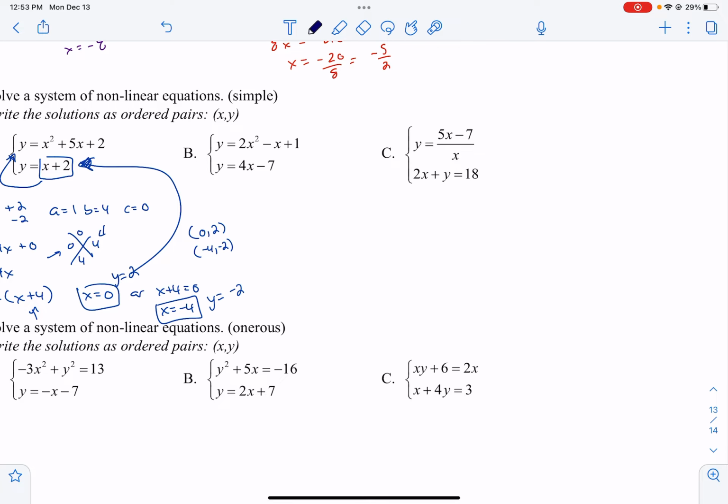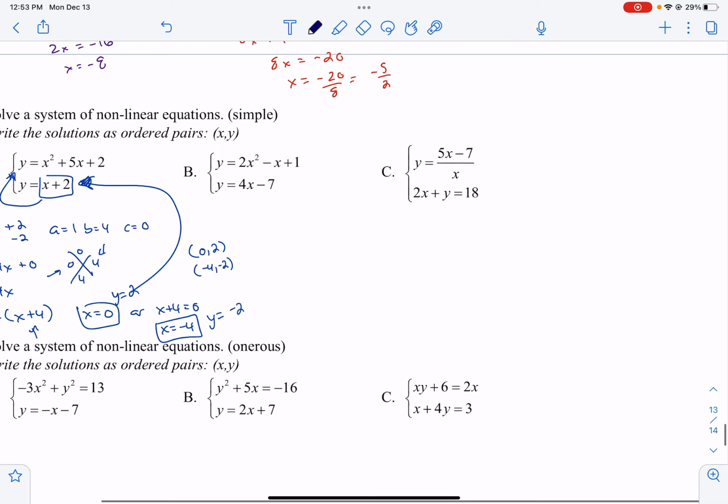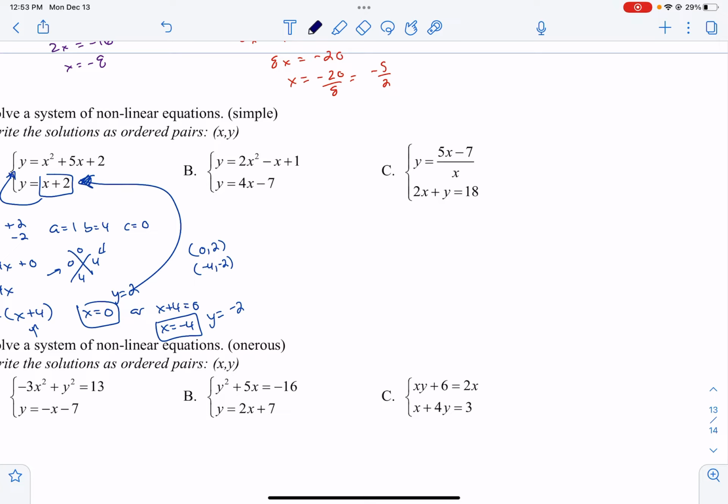So part C, y equals, ooh, this one's really messy. I don't even know if you've seen very many that look like this. Y equals 5x minus 7 over x. I'm going to plug that in for y. So I get 2x squared plus 5x minus 7 divided by x equals 18. Now I have an issue. I have an x on the bottom. I need to get rid of that.